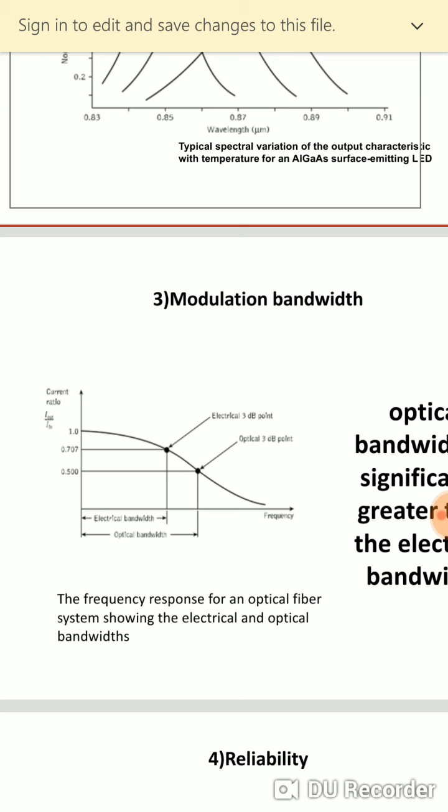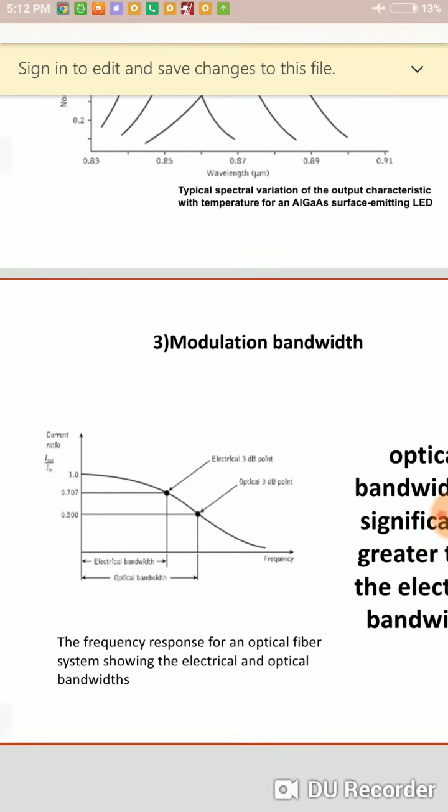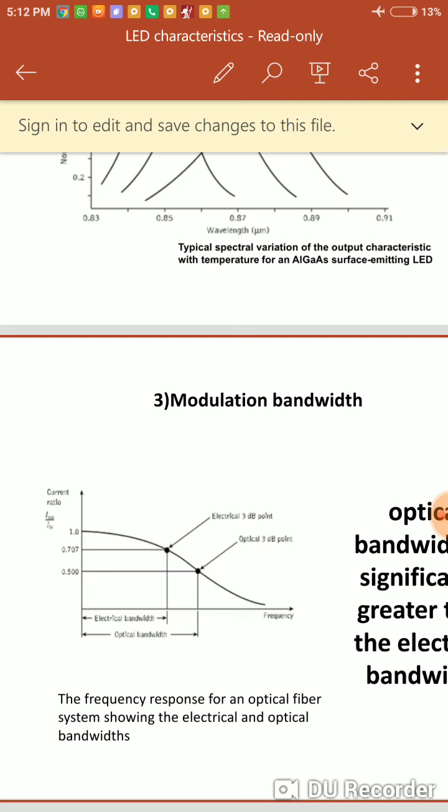So when we say modulation of light, light is acting as a carrier signal and whatever is the other signal, analog or digital, that signal is acting as a modulating signal. So characteristics of light are changing with respect to characteristics of the modulating signal.